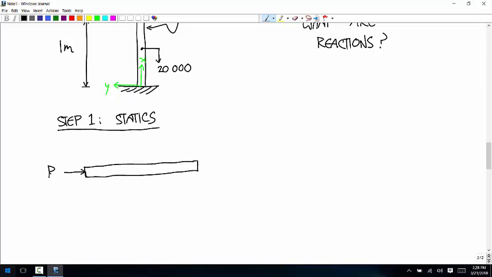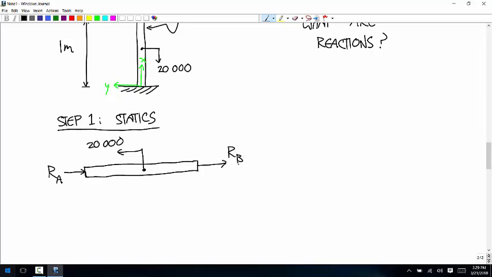I'll call that RA. And then at the midpoint, we have a force of 20,000. And then at the other end, we're not even going to try to guess about the directions of these forces. That'll come out in the math. All right, this is RB. Everybody with me on that?